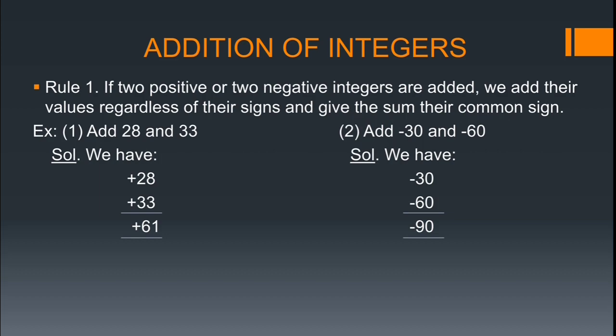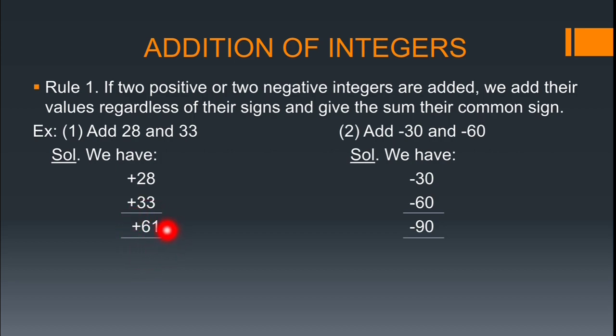Let us understand this with some examples. Our first example is to add 28 and 33. You can see here the two integers 28 and 33 both are positive. So we have to add just their numerical values, that is 28 plus 33, and the outcome will be 61.